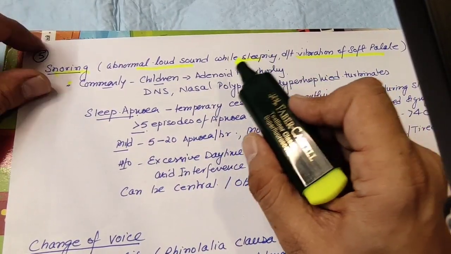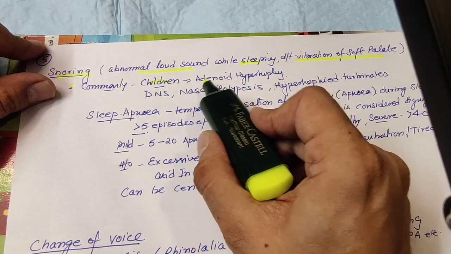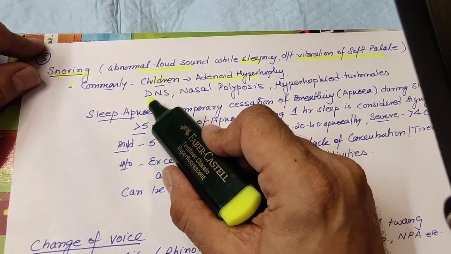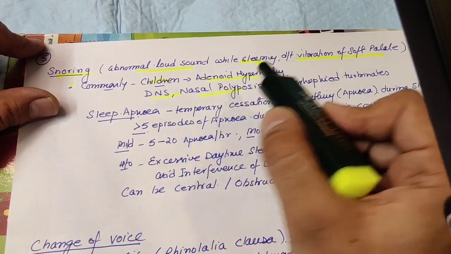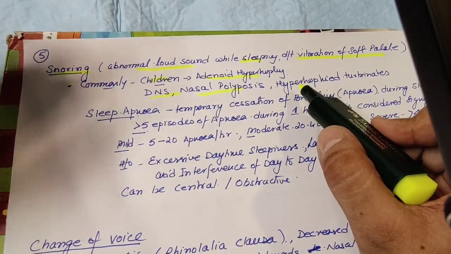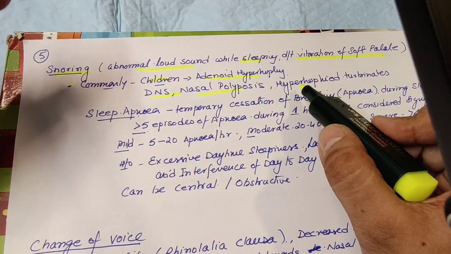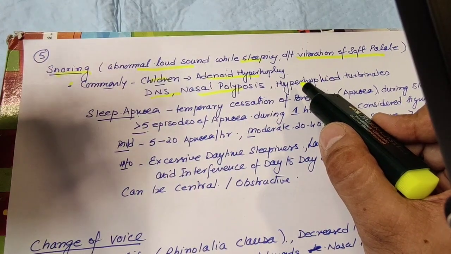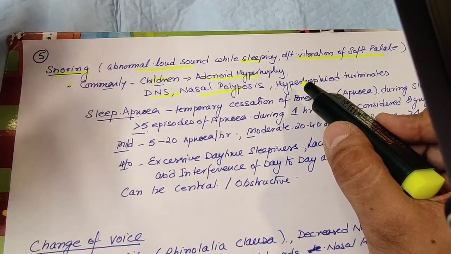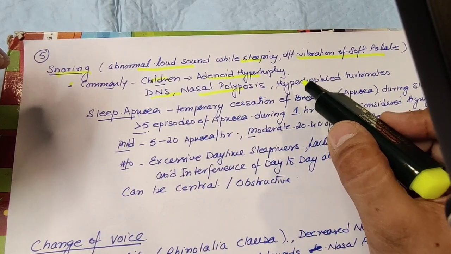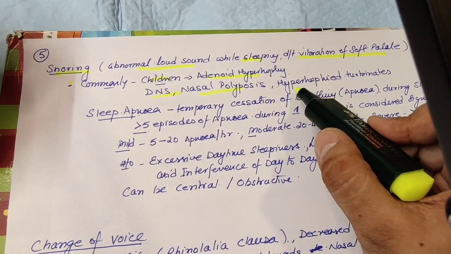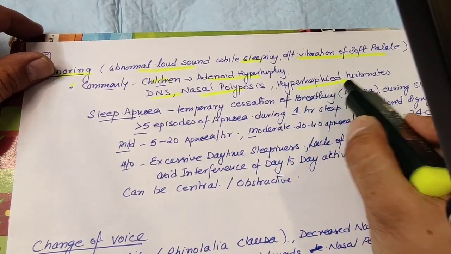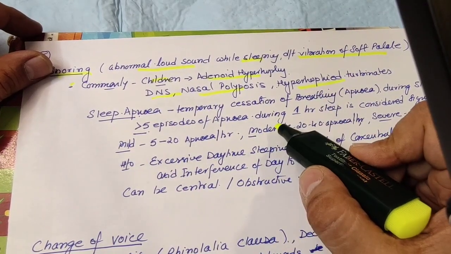In children, the commonest cause of snoring is adenoid hypertrophy, and in adults, patients with severe deviated nasal septum or gross nasal polyposis, where there is almost near total nasal obstruction and the body is compelled to breathe from the oral cavity, sooner or later will land up with the problem of snoring. And it can also happen in hypertrophic turbinates.